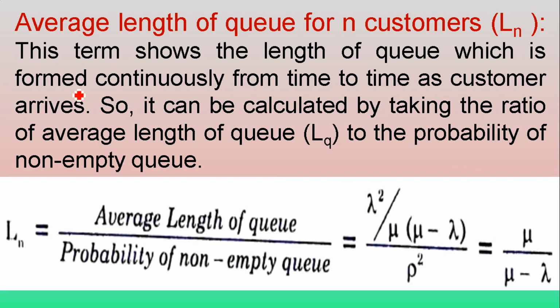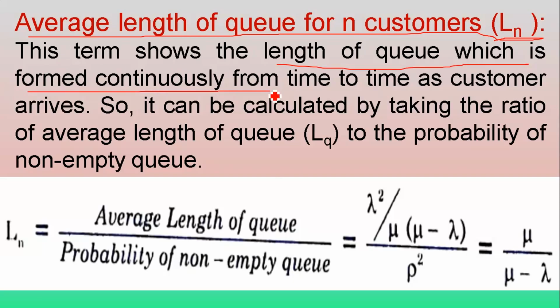After that, average length of the queue for n customers, that is ln. It shows the length of the queue which is formed continuously from time to time as customers arrive, right? As customers keep arriving, the queue keeps growing from time to time, so that quantity is shown by ln.